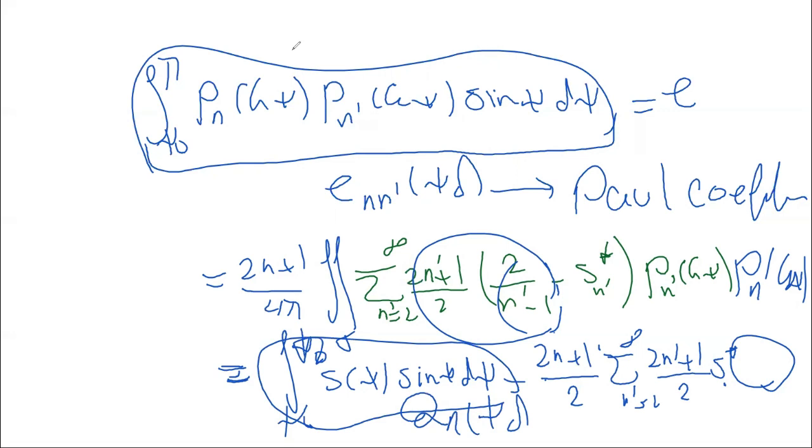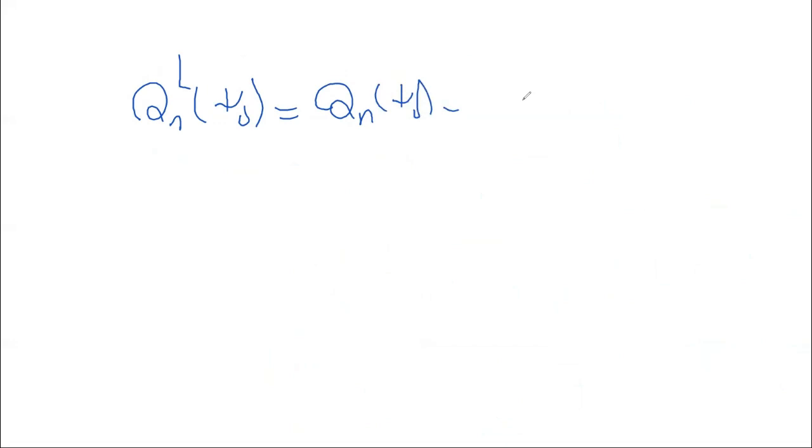So based on this, the QL psi will be the truncation of the Stokes formula minus the summation of 2m plus 1 over 2 Sn En n prime.